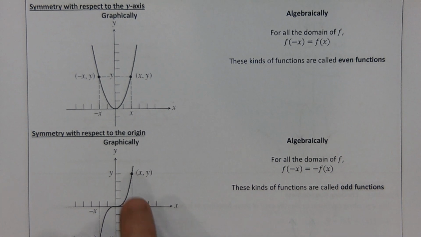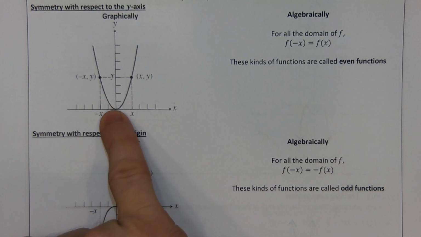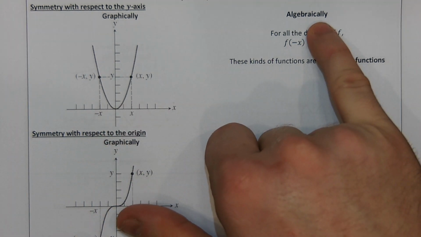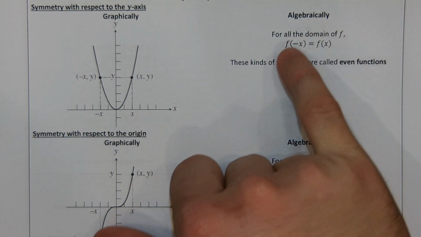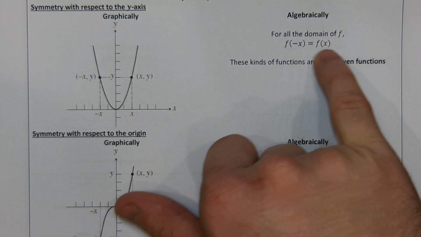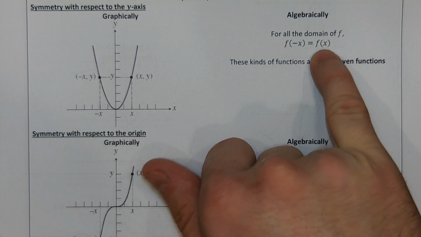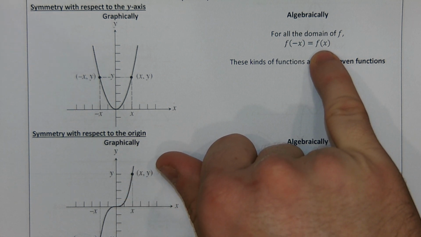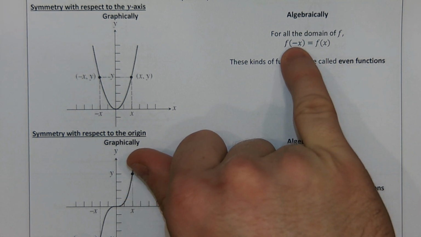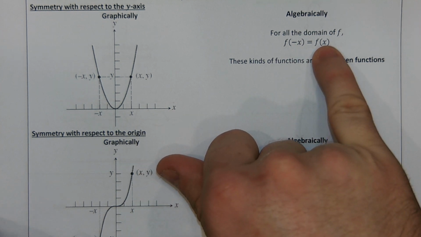Geometrically, even symmetry means the y-axis cuts the graph in half. Algebraically, what that means is plugging in negative x gives you back the original function. And if you can remember back to transformations of Algebra 2, what that means is reflecting over the y-axis does nothing.